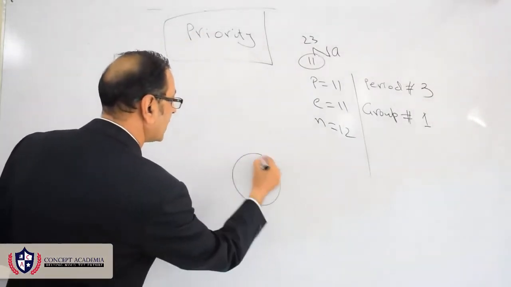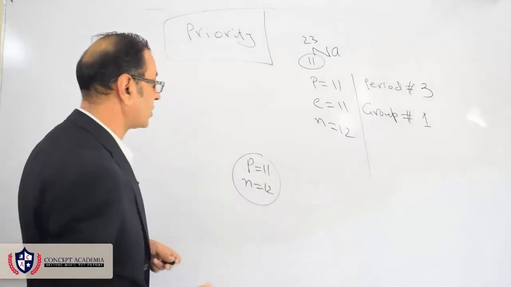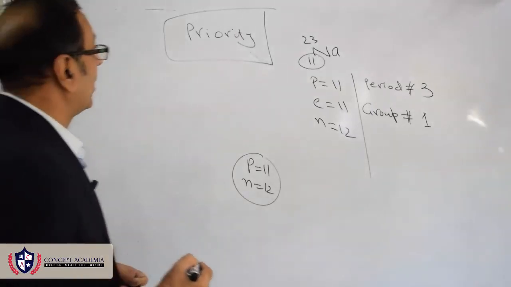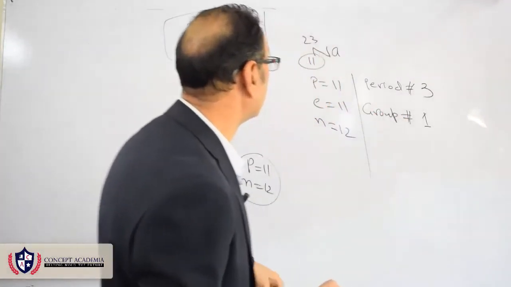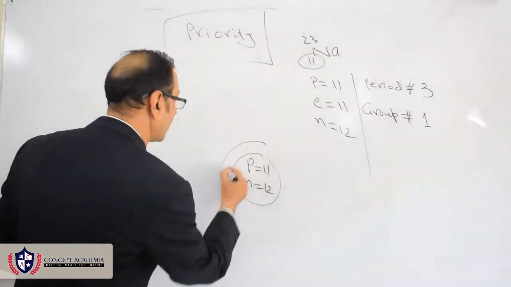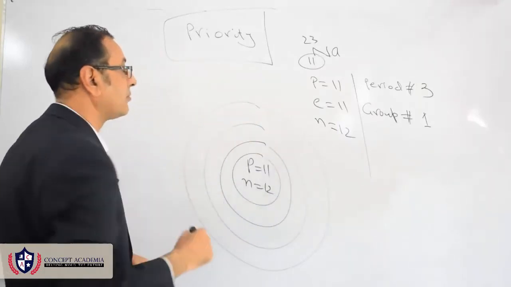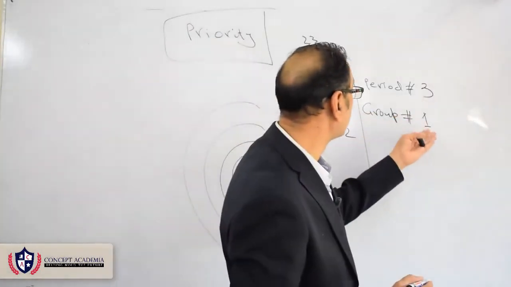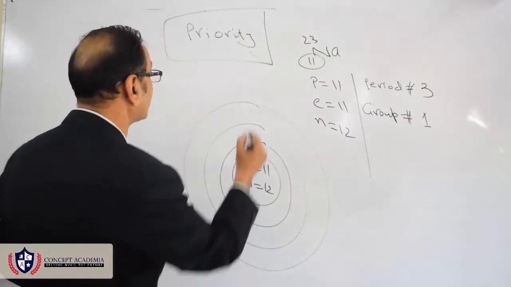If we draw the electronic configuration, protons are 11 and neutrons are 12. As the priority is given to the period number, which is 3, the number of shells is 3. You should draw 3 shells around sodium. The second priority is given to the group number. Group number is 1, so it tells us there must be 1 electron in the last shell.